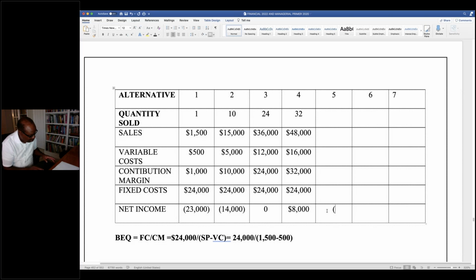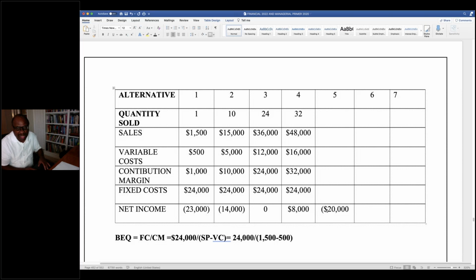Well, 20,000 then. That's fine. Let's go with 20,000. If you want to lose 20,000, what does that tell you about the quantity if break even is 24? So it should be less than 24. That's a good point. It has to be less than 24.